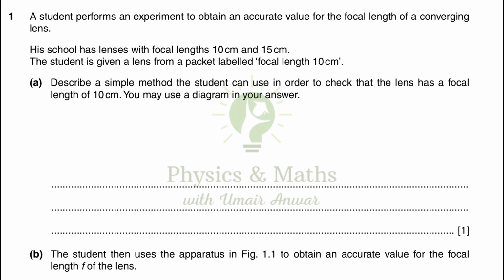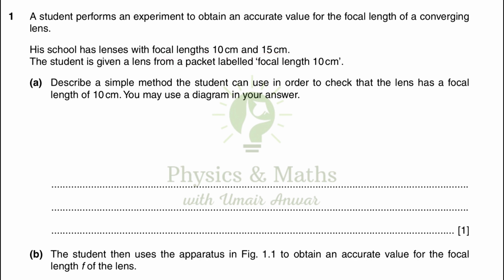In this question, the examiner says a student performs an experiment to obtain an accurate value for the focal length of a converging lens. His school has lenses with focal lengths 10 centimeter and 15 centimeter. So these are the two types of lenses with two different focal lengths available.